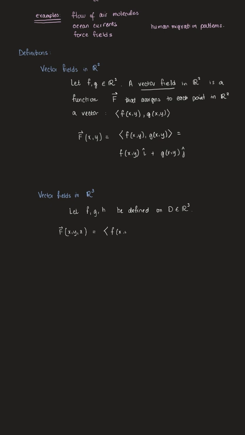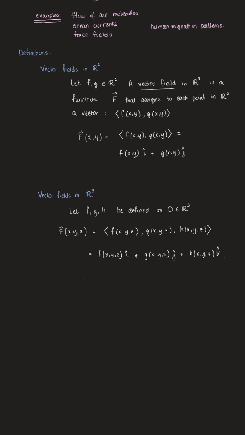So f of x, y, z, g of x, y, z, and h of x, y, z. So input is a point, output is a vector in space. We could also write that again using our standard basis vectors. So we have f of x, y, z, i hat plus g of x, y, z, j hat plus h of x, y, z, k hat.